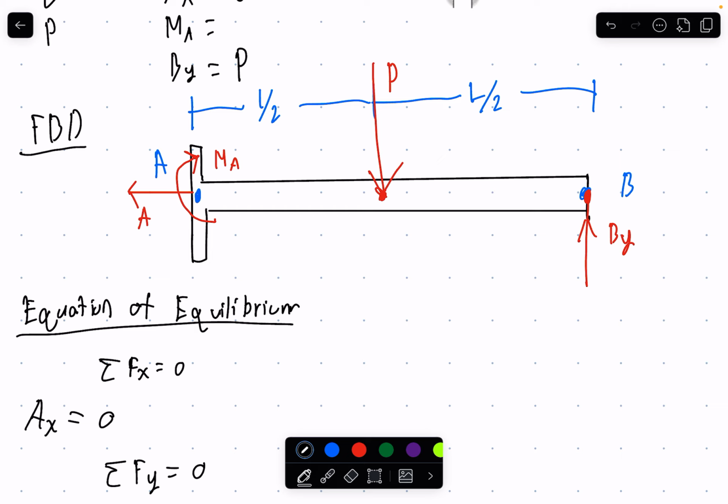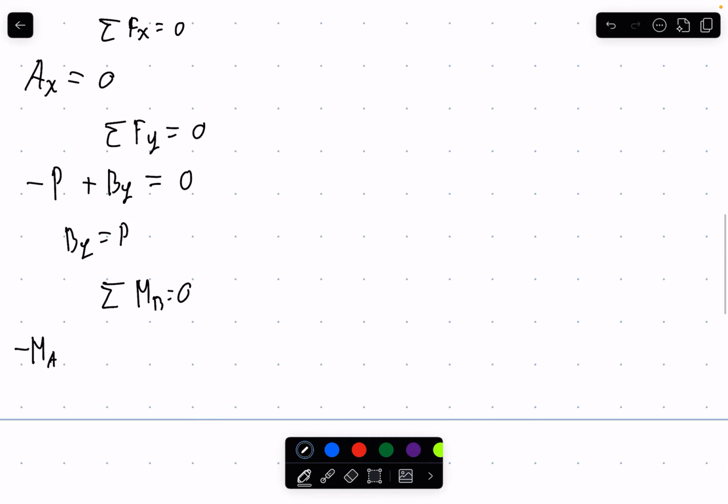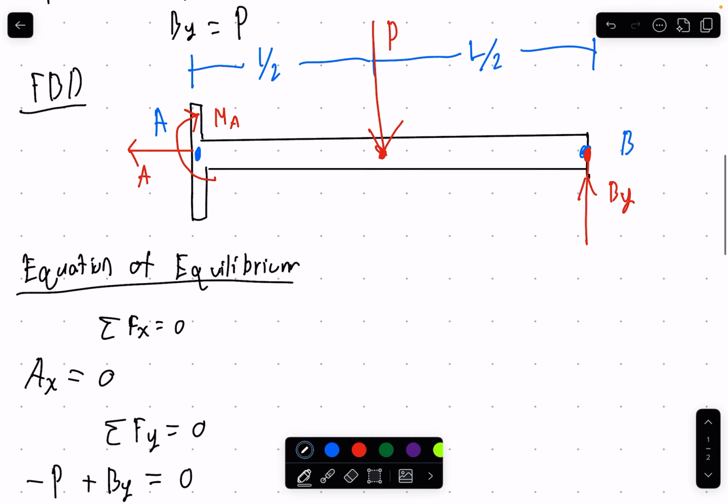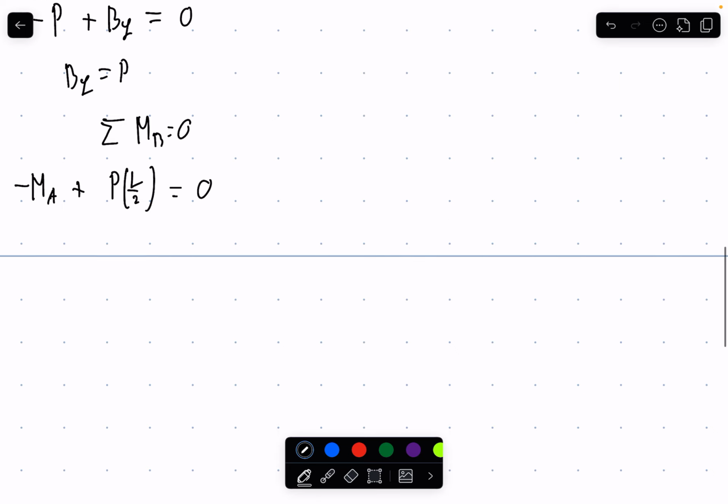Because we denoted it as a clockwise vector, we'll be giving it a negative notation. And P right here is going to be your force, acting in the positive direction. Then the moment arm is going to be L over 2 right here. Equal to 0, we're going to get MA is equal to PL over 2.